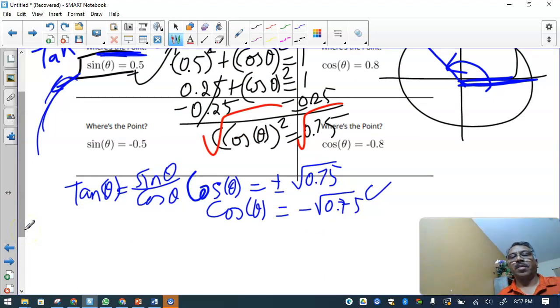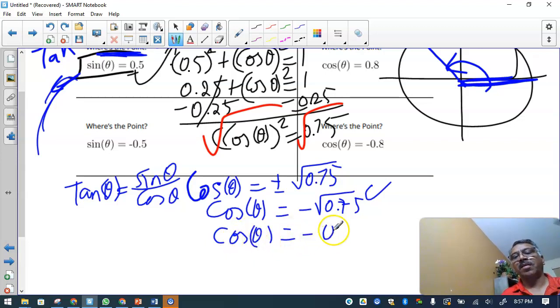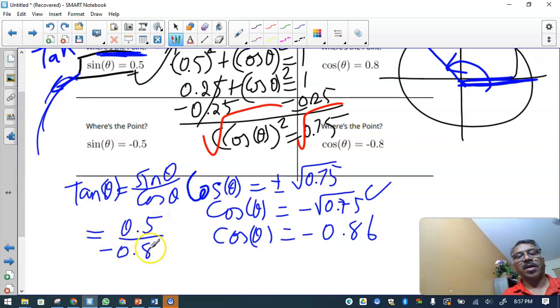If I take the square root of 0.75, we get 0.86, so this answer is minus 0.86. Now this becomes 0.5 divided by minus 0.86. If you divide this, you get 0.58 approximately, and you're done.